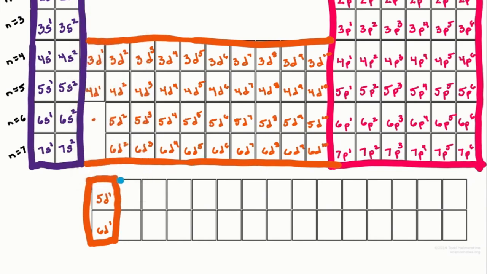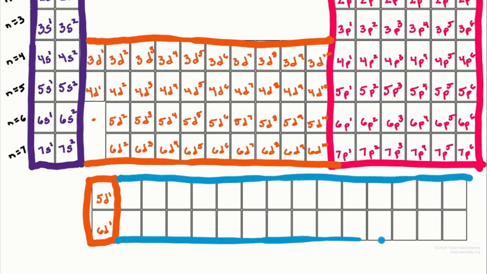And then the final sublevel is the F sublevel, which is this group down here. And just like the D sublevel started one energy level lower, the F sublevel, you would think it would be in accordance with the D sublevel. It would start at 5F, but actually it starts one energy level even lower.